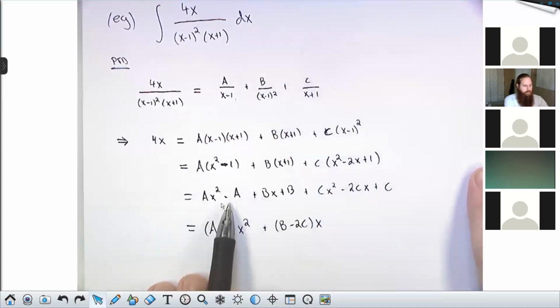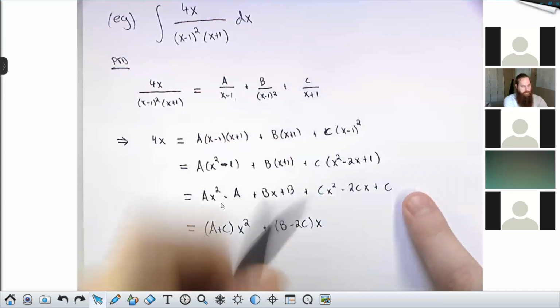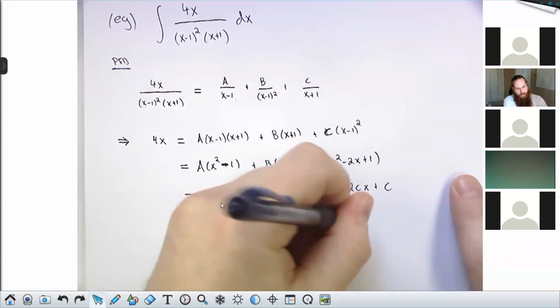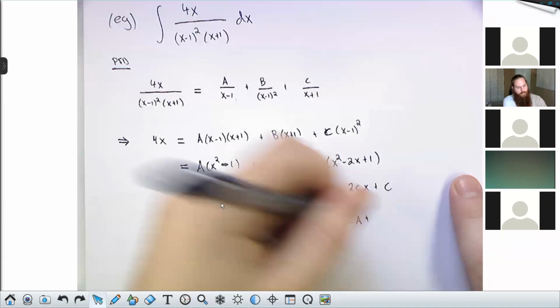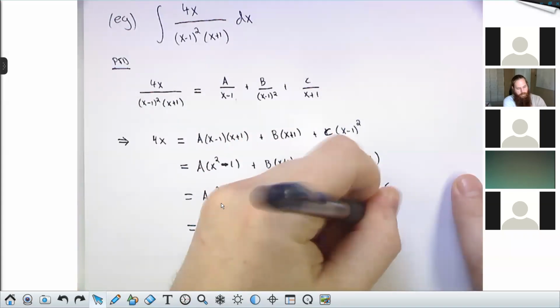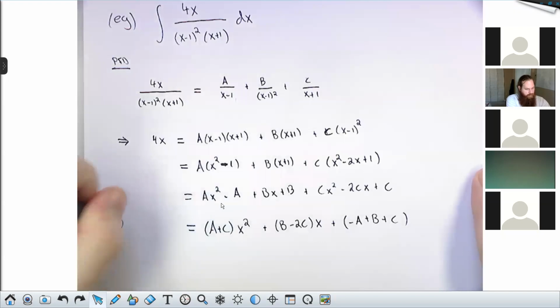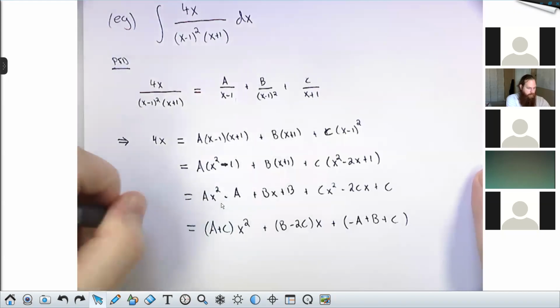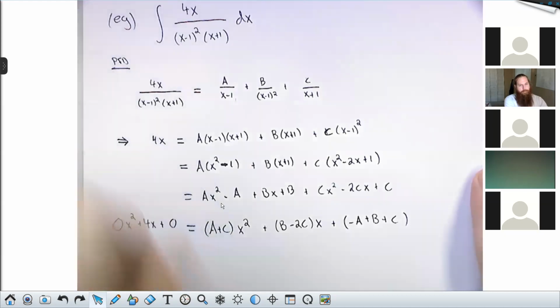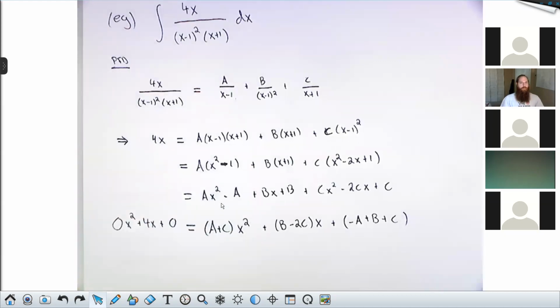I've got minus a plus b plus c. Those are my constants. And the left-hand side is 0x squared plus 4x plus 0. Right? That's how I can understand 4x as a quadratic.